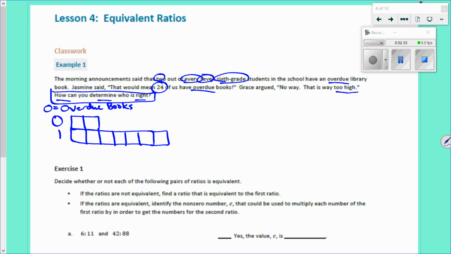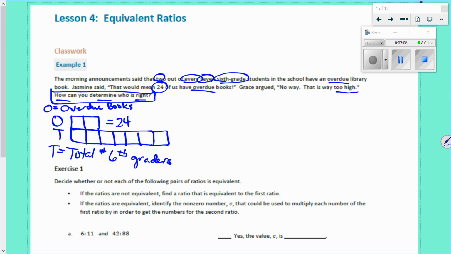So I'm going to use T for total 6th graders. So the total number of 6th graders. Now, remember, we always have to have that third piece of information, right? So what is that third piece of information? What about 24? Where does that go? That goes with the overdue. So I know that those 2 boxes give me 24.